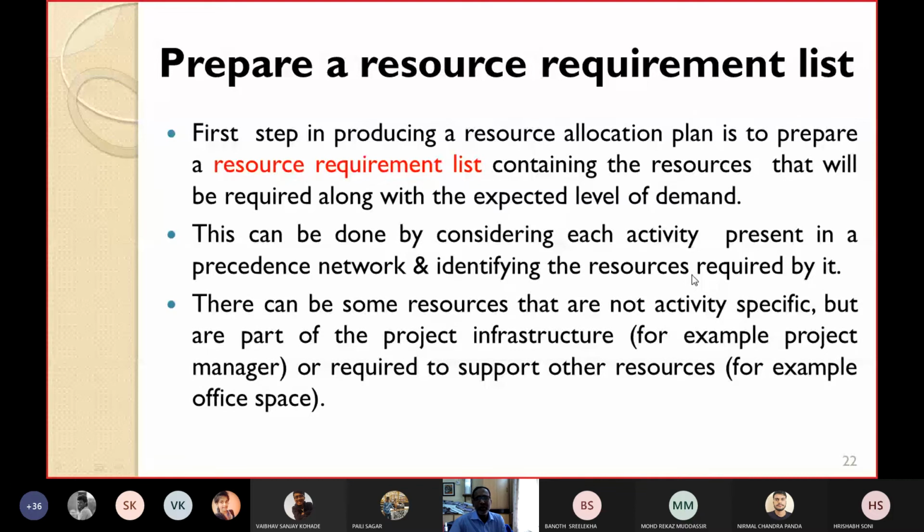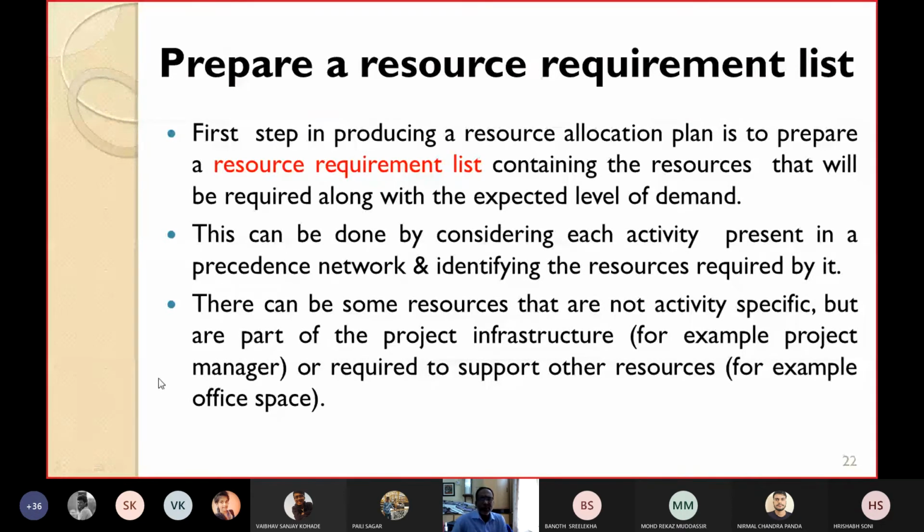First construct the precedence network or activity network, then identify the activities, then identify which resources activity A requires, which resources activity B requires, and how many. Then you can write down the different resources required by the different activities.